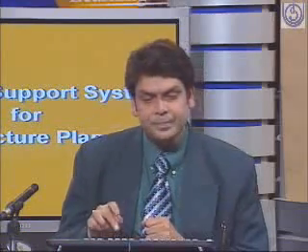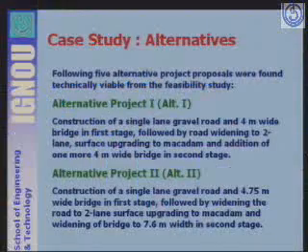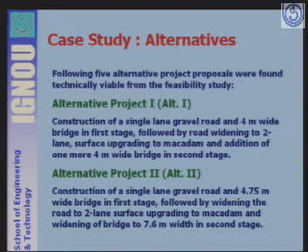Now we see the alternatives. On your screen there are 2 alternatives of this highway. The first alternative is the construction of a single lane gravel road and a 4-meter wide bridge in the first stage, followed by road widening to 2-lane, surface upgrading to macadam, and addition of 1 more 4-meter wide bridge in the second stage.